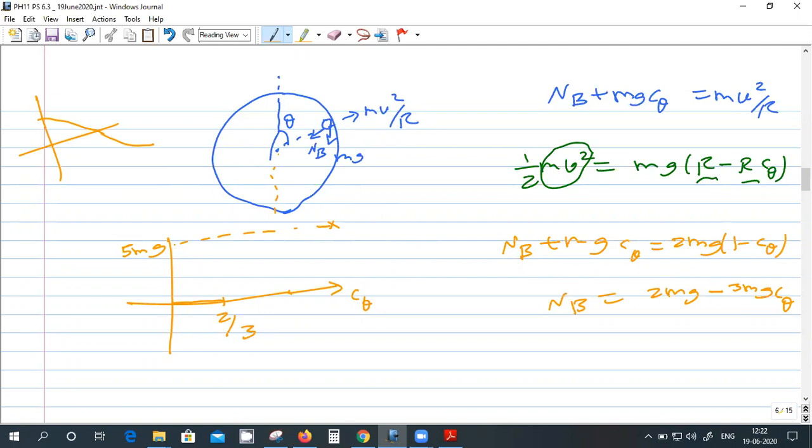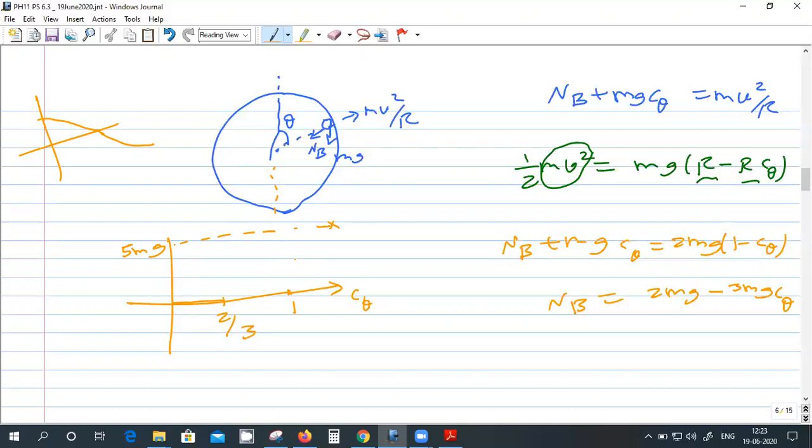And at theta equal to 90, it is 2mg. So cos theta is becoming -1. Originally cos theta is +1. But then the plot of cos theta is going this way.